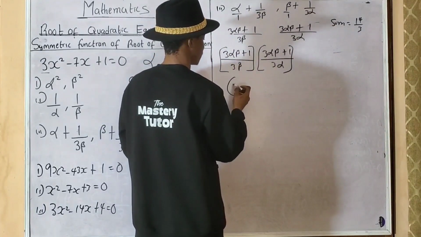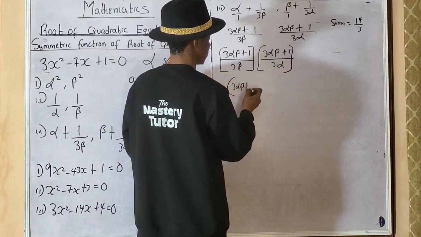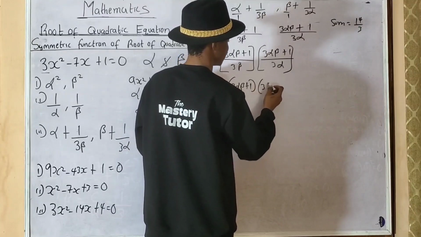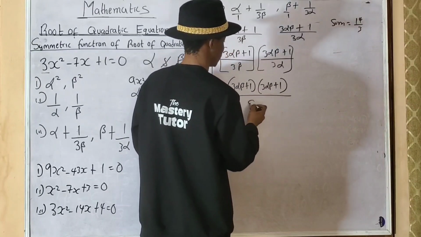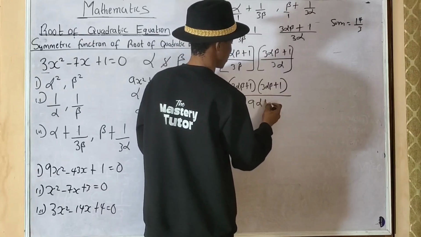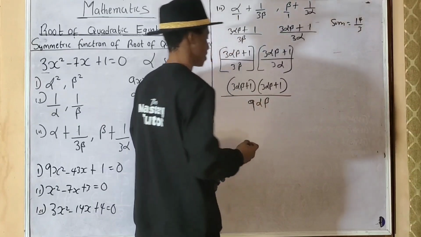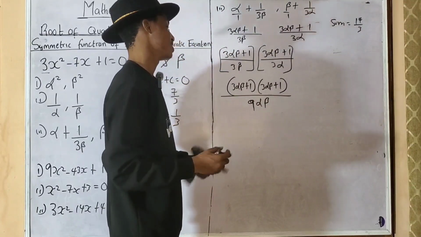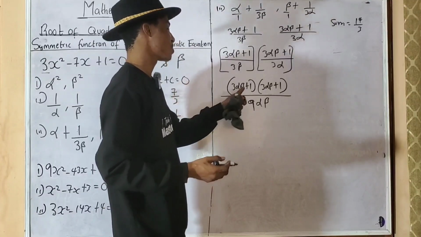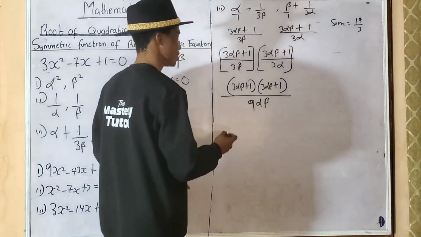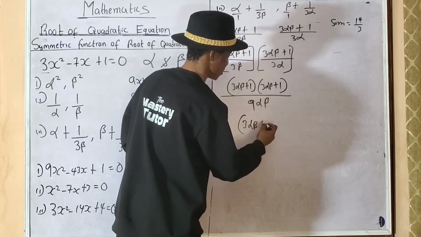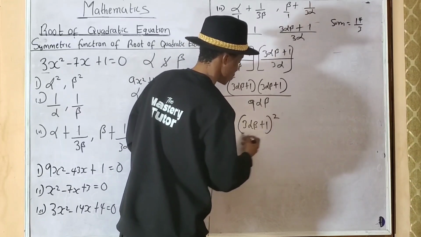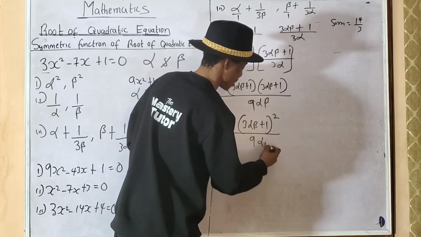I'm going to have 3 alpha beta plus 1 multiplied by 3 alpha beta plus 1 all over 9 alpha beta. Listen to me carefully. This one is easy. Now, since you are multiplying the same thing, all you have to do is just raise it to the power of 2. I'm going to have 3 alpha beta plus 1 raised to the power of 2. This all over 9 alpha beta.